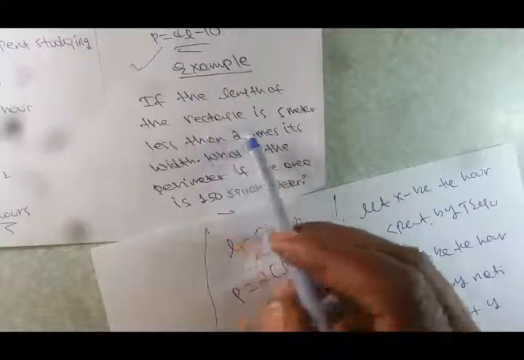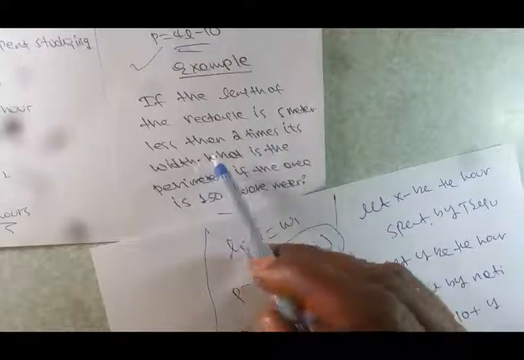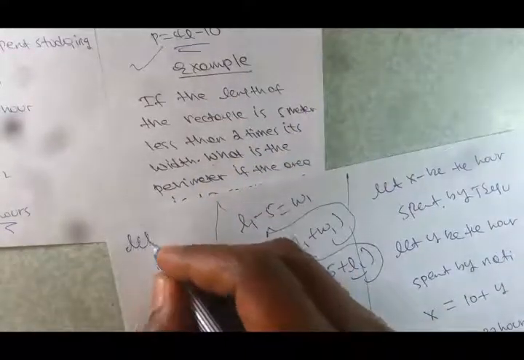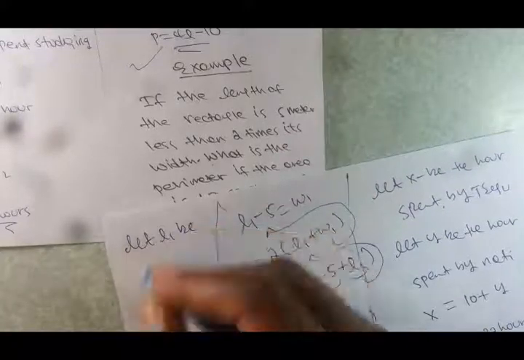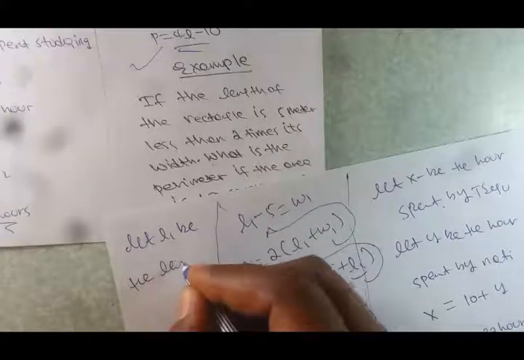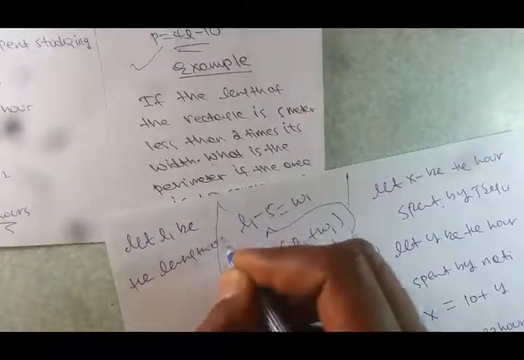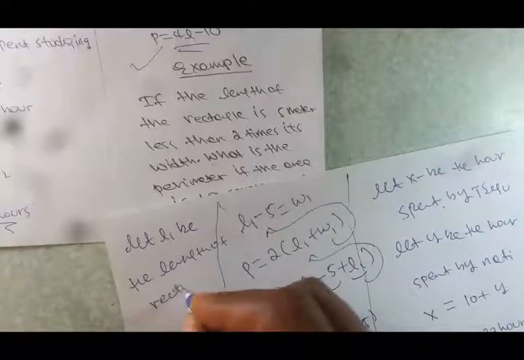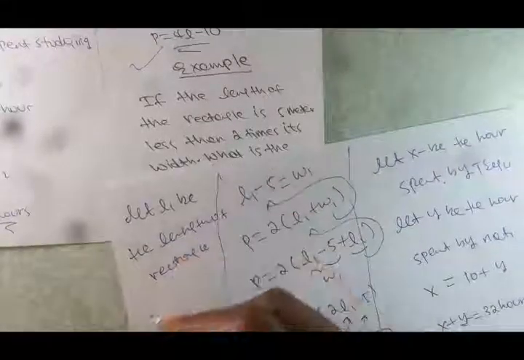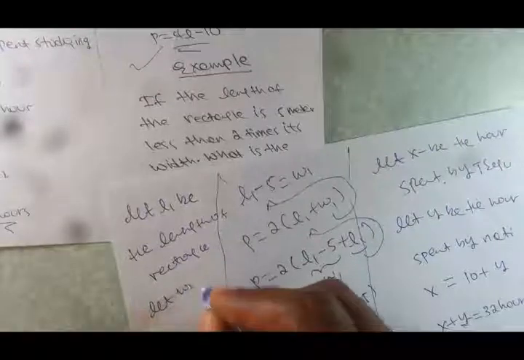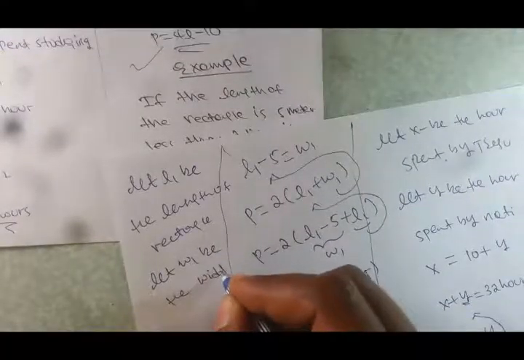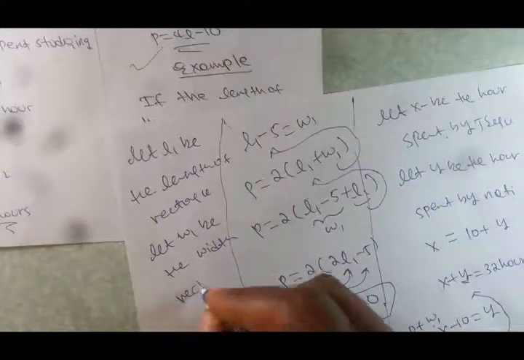If the length of a rectangle is 5 meters less than 2 times its width, let L1 be the length of the rectangle, and let W1 be the width of the rectangle.